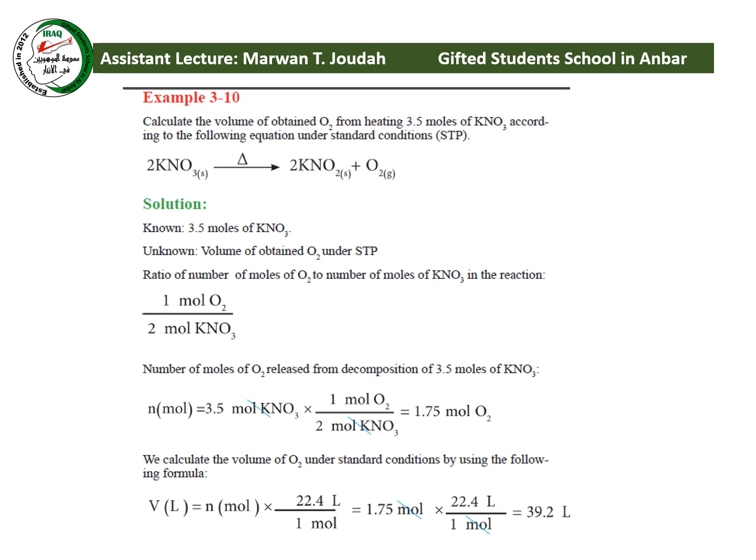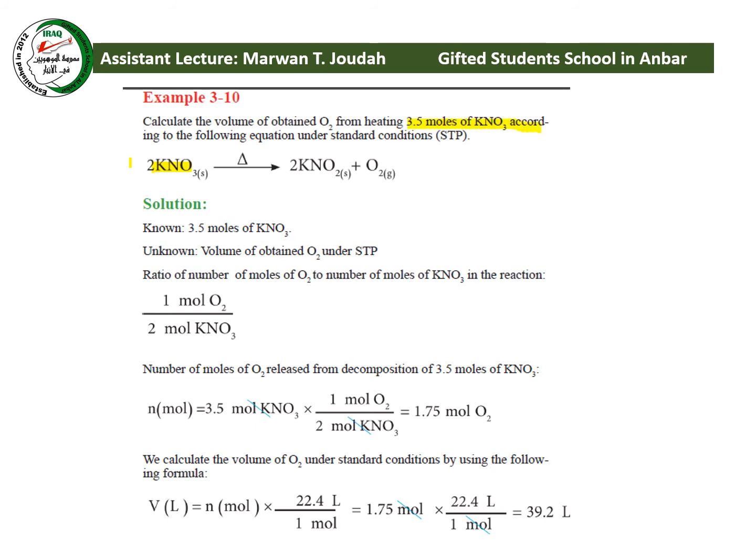So we have this equation, 2KNO3, which is a salt that results from the action of KOH, potassium hydroxide, with HNO3, the nitric acid. When we heat KNO3, it decomposes to give us KNO2 plus O2. It releases oxygen. Now, what we want to do here is to calculate the volume of O2 obtained from 3.5 moles of KNO3.